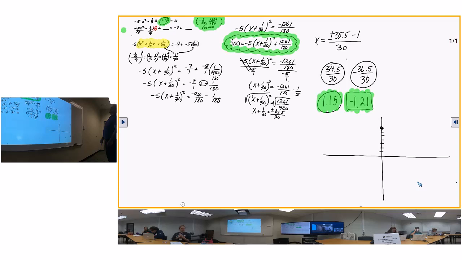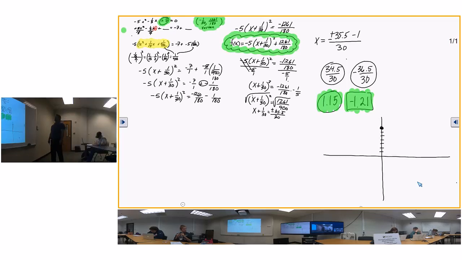So just go to the left of the y-axis just a little bit. And now 1261 over 180, you need to know what that is, because 10 would be 1800, 5 would be 900. So it's going to be negative 6. Looks like around negative 7.